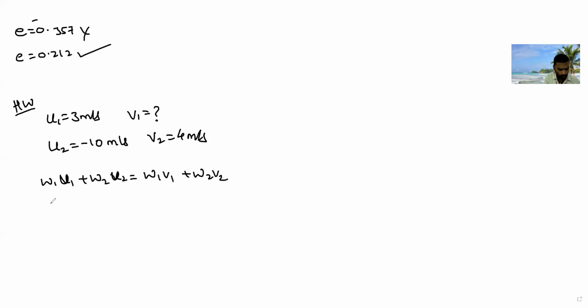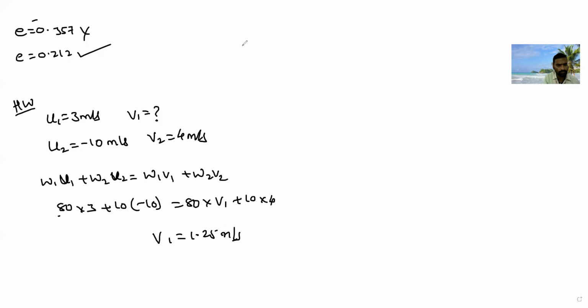Substitute. What is W1? It is 80. 80 into 3 plus 10 into minus 10 is equal to 80 into V1 plus 10 into 4. You solve this, you will get V1 is equal to 1.25 meter per second. Then what is the coefficient of restitution formula?